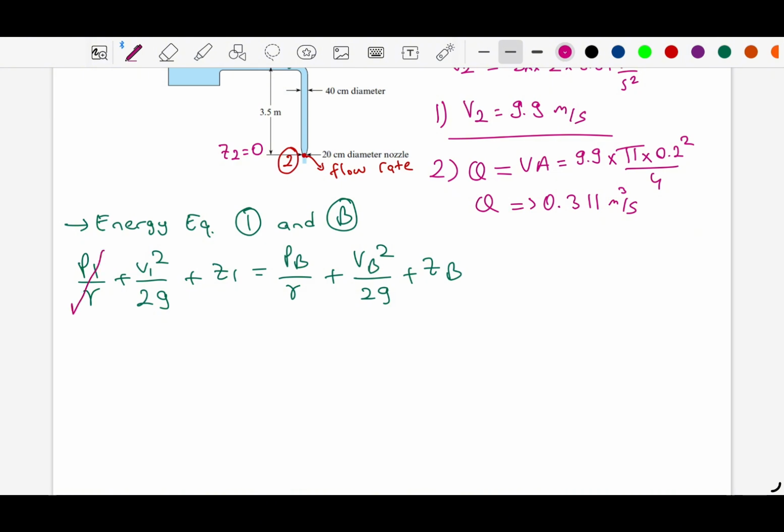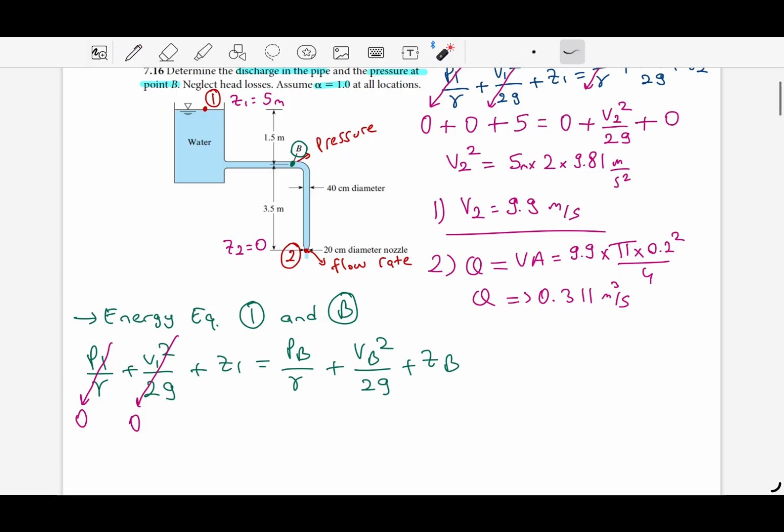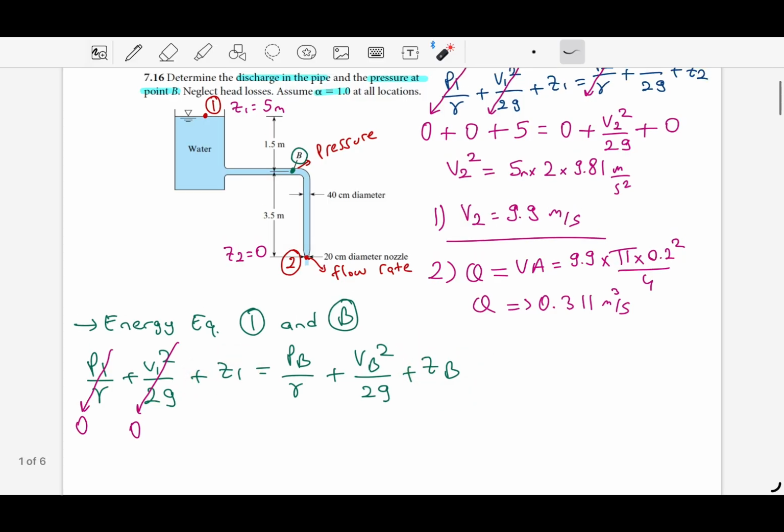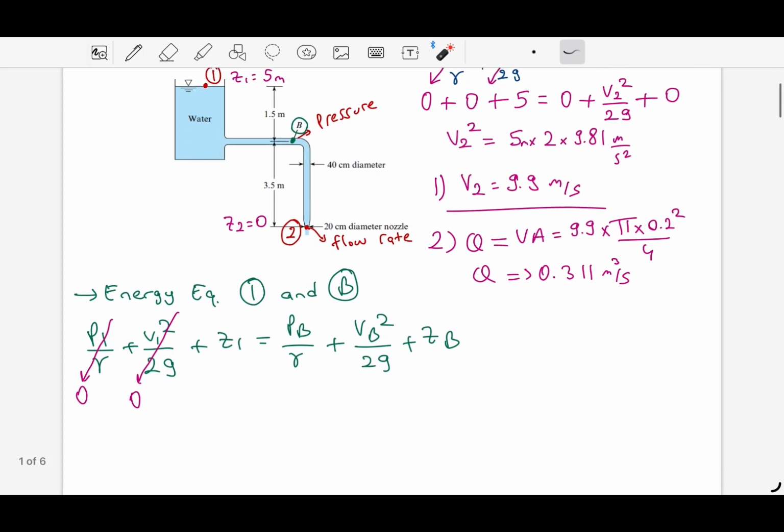again we have 0, we have 0. So we will calculate Z1 minus ZB. So it is the distance from here to this level. So it will be 1.5.